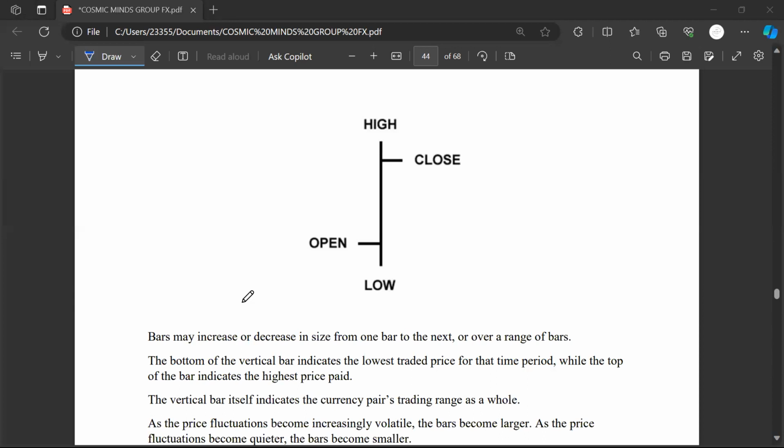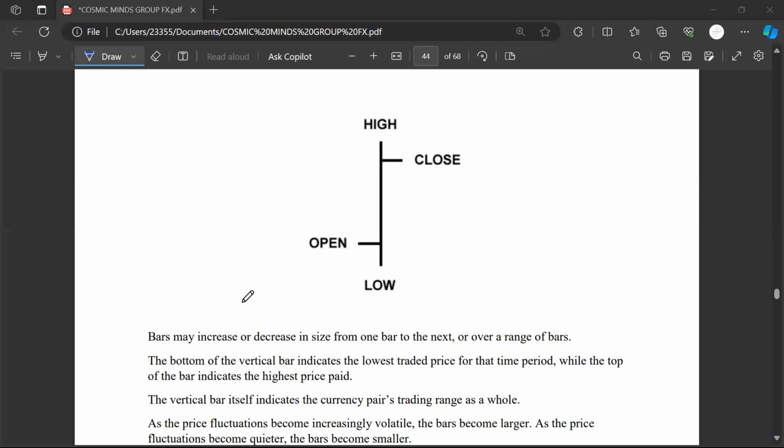This is a bar chart represented in the form of bars. If you know what a bar chart is, at least I think in elementary school we did something about bar graphs, bar charts, histograms and all that. I think you have an idea of that. So this is just a simple representation of a bar chart in FX.